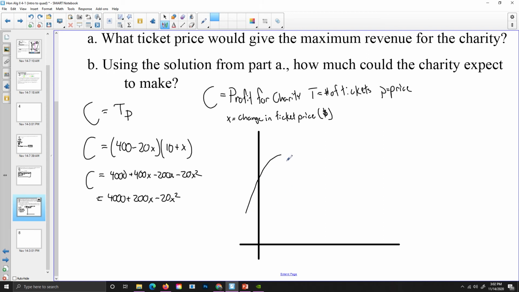So it almost has to look like this, where this point right here is 4,000, and this point right here is the change in ticket price, because that's what x is, and the maximum profit for charity. So we're looking for the vertex here.